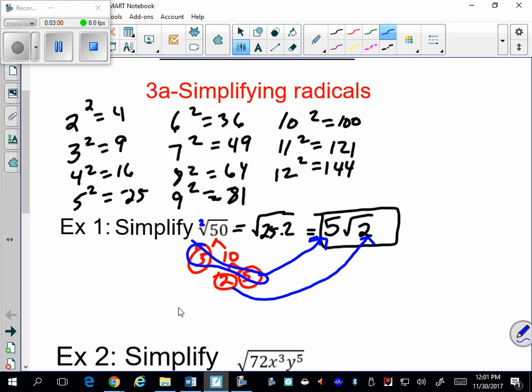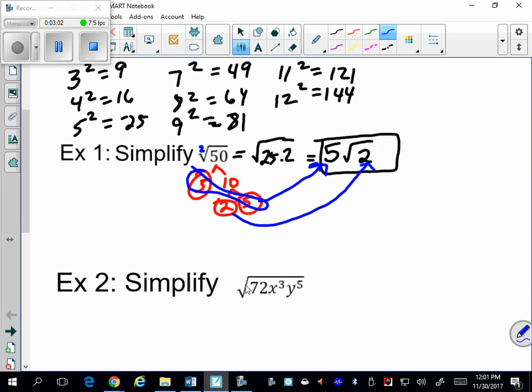Moving on. We're going to simplify the square root of 72x to the third y to the fifth. For 72, I think about what's the biggest perfect square that divides into 72. That is 36 and 2. The square root of 36 is 6, so that's the biggest.